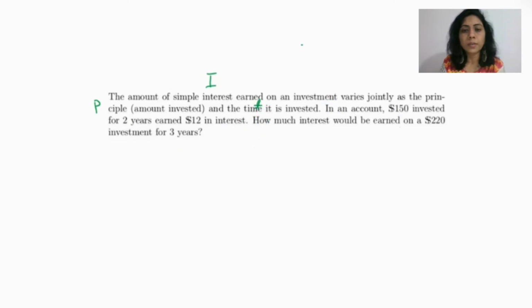So varies jointly here. So I, the amount of interest, and then principal and time. Here joint means product, and here divide. So this is the formula.